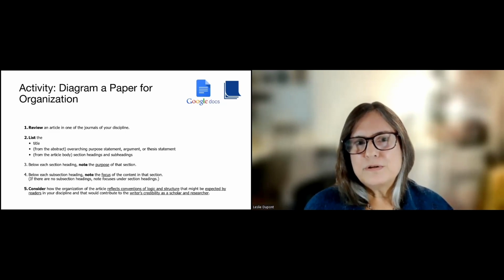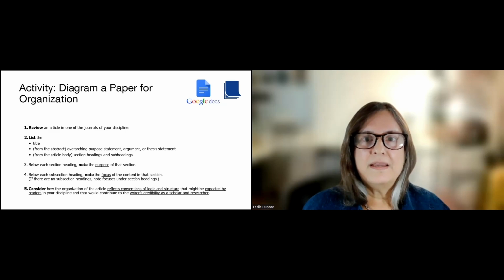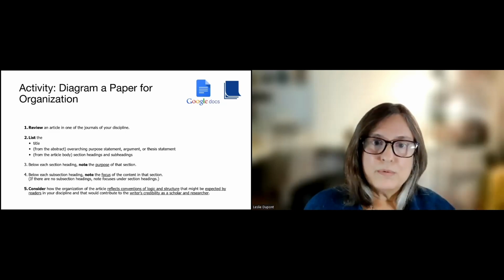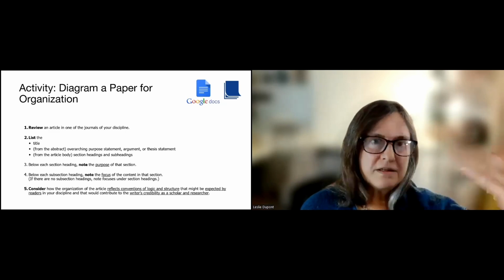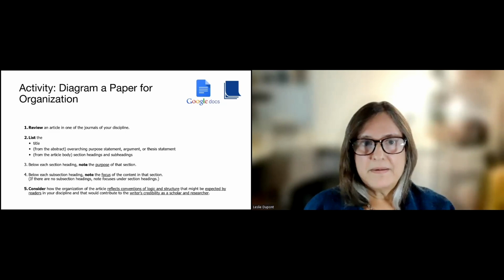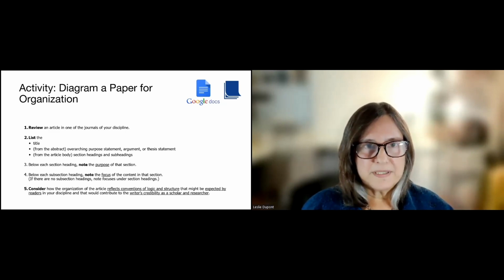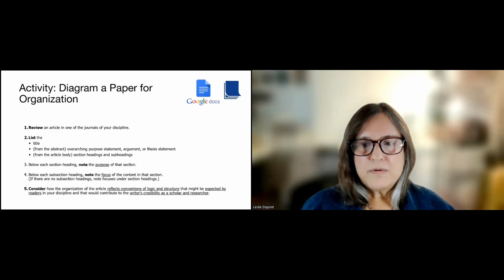Say, for instance, you're looking at a book in your field and you want to do a book review, and you can still look at mentor texts of book reviews and diagram them, but how might I adapt my strategy for that kind of genre? So keep that question in mind.